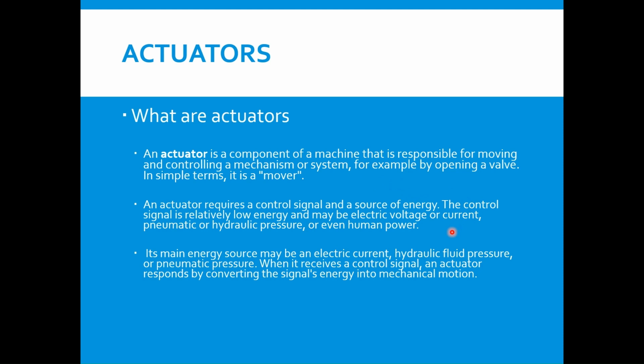The control signal is relatively low energy and may be electric voltage or current, pneumatic and hydraulic pressure, or even human power. Its main energy source may be an electric current, hydraulic fluid pressure, or pneumatic pressure. When it receives a control signal, an actuator responds by converting the signal's energy into mechanical motion.